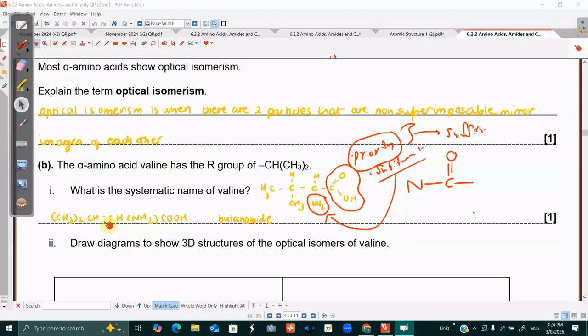Two amino. Ah, what about the methyl group? You missed out the methyl group, right? Other than that, you are okay. You have missed the methyl group. See? Other than that, you are fine, right?